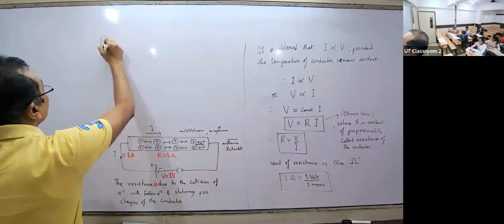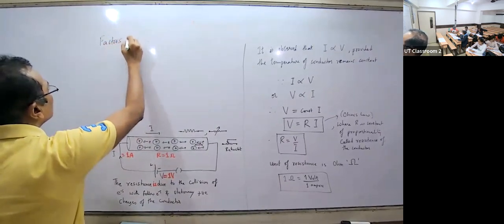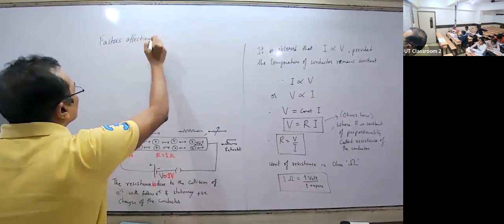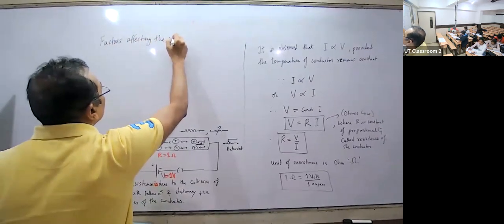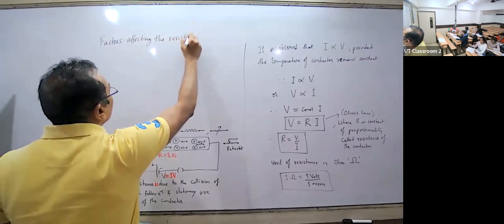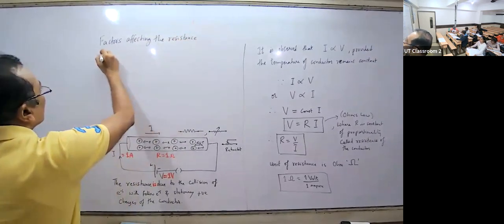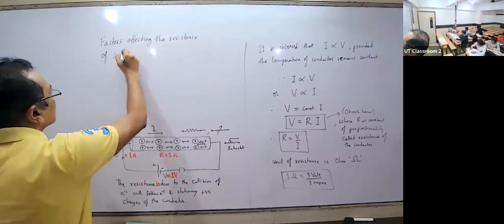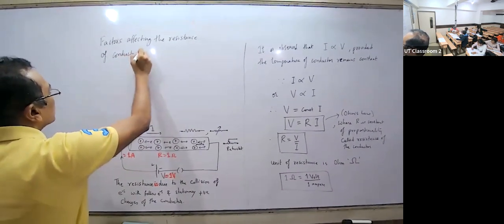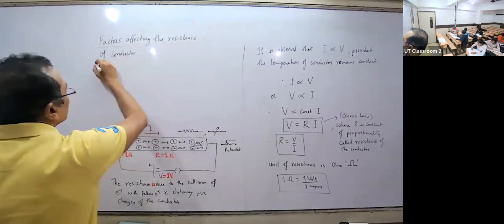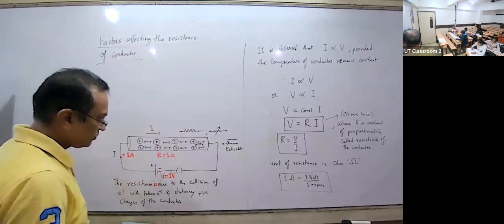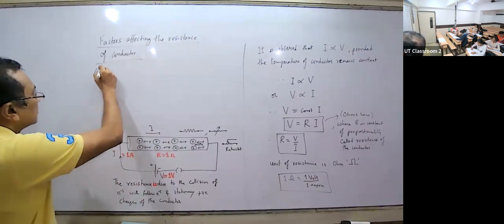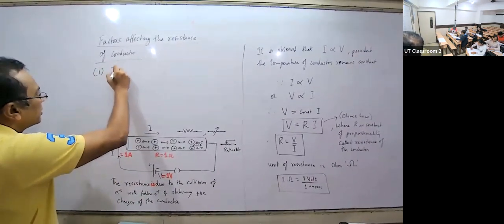So factors affecting the resistance of a conductor. So first is the length.